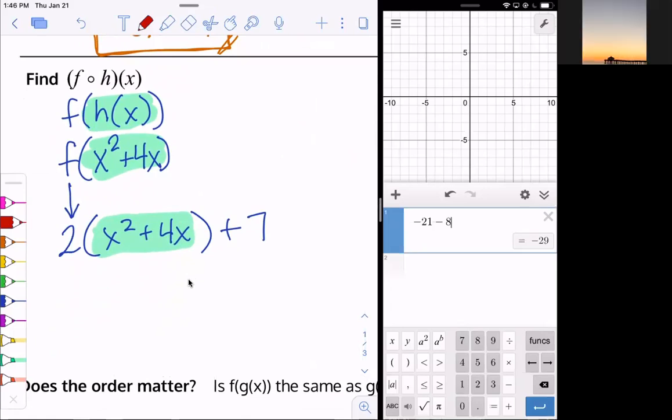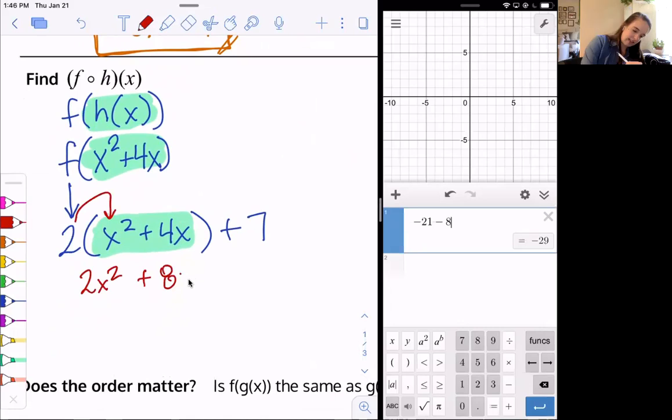And then it will be 2x to the power of 2 plus 8x plus 7. So we did 2 times x squared, got this one. 2 times 4x, getting 8x, and plus 7. Is that my answer? Yes. Yes, you can say that with confidence.